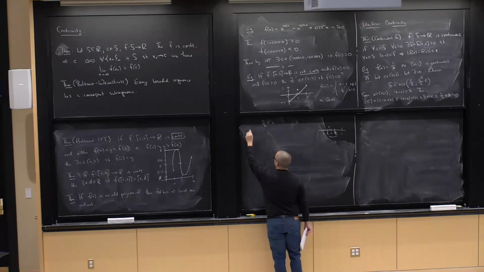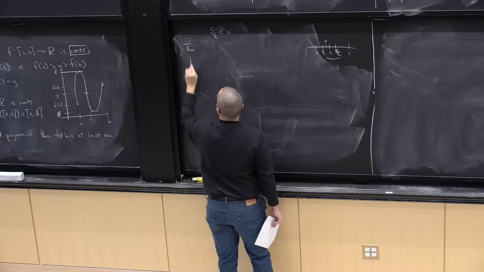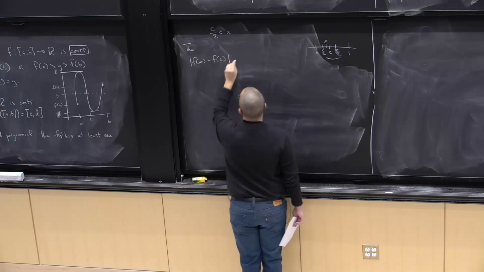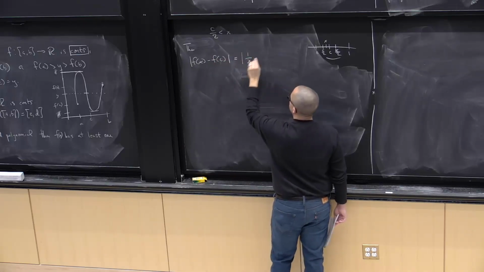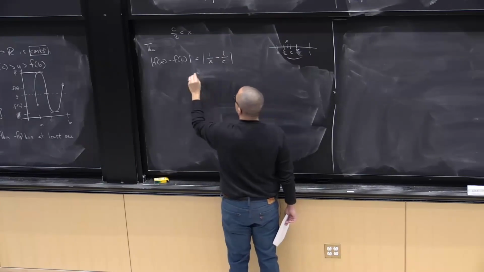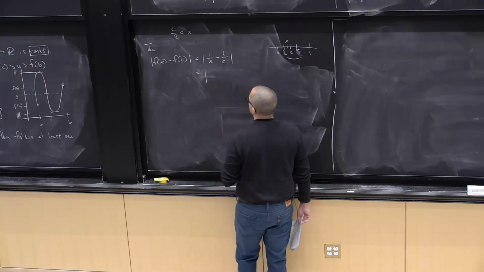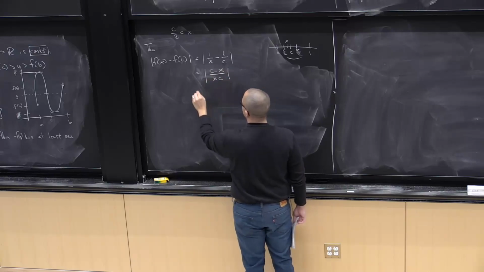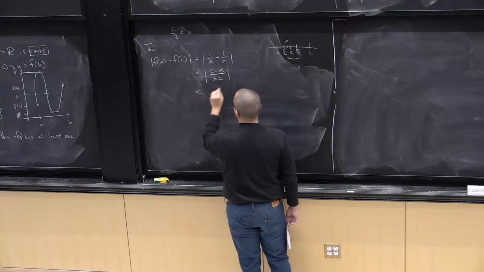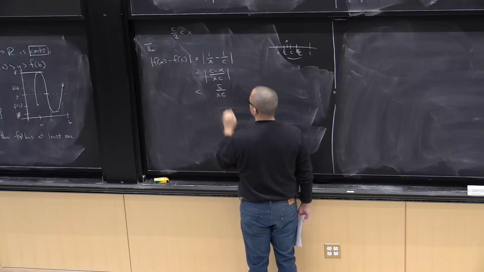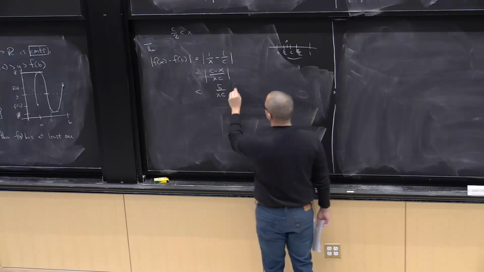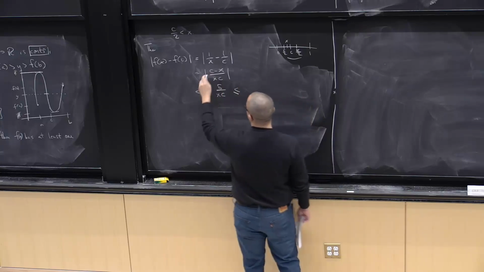All right? And now we look at |f(x) minus f(c)|. This is equal to |1 over x minus 1 over c|, which equals |c minus x| over x times c, which is less than delta over x times c.